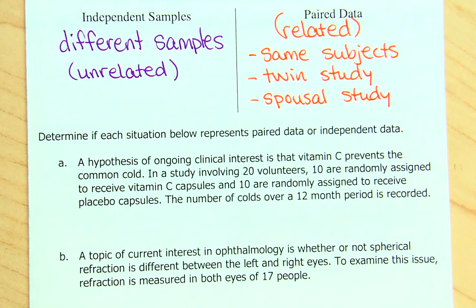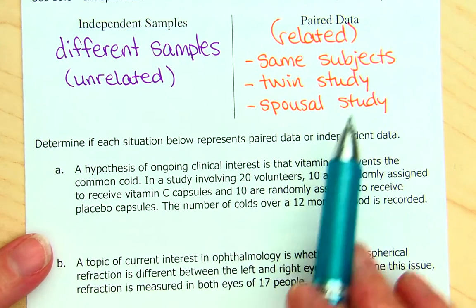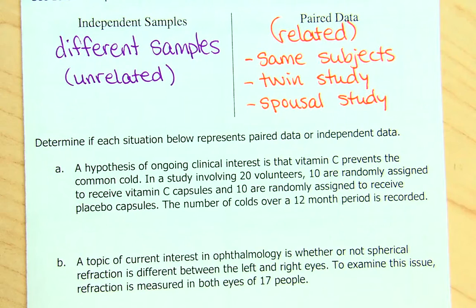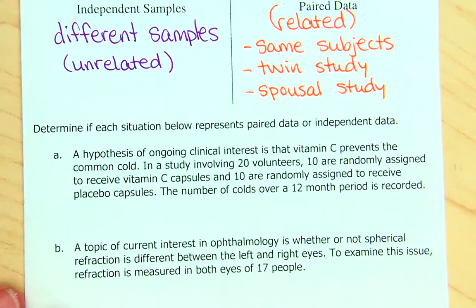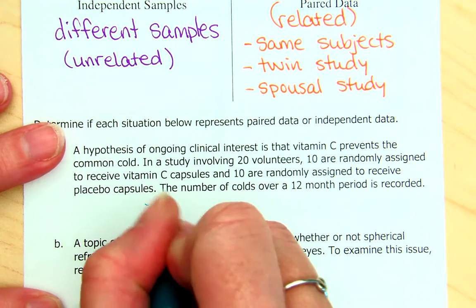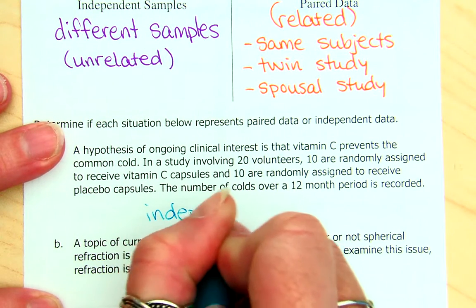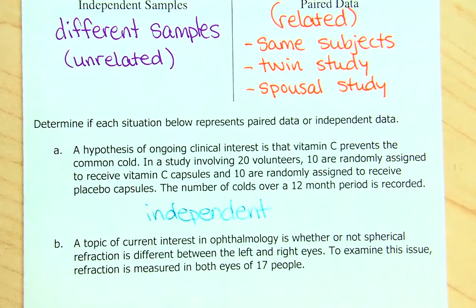So we want to see, are these separate samples or are they related in some way? So what do we think here? Independent or paired? Independent, you're right.